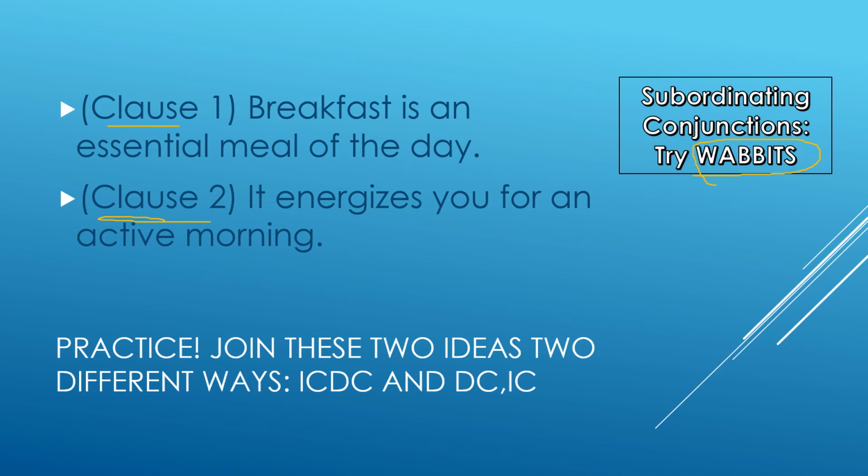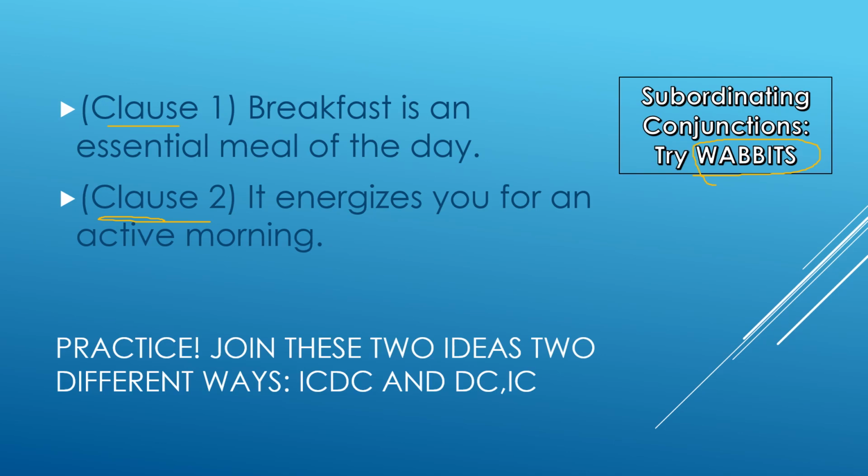Right, so our Wabbits, oh, my cats are fighting, is W is for when, A is for although, B is for because, the other B is for before, I is for if, T is for though, and S is for since. So let's find a way to join these two sentences together using one of these subordinating conjunctions.